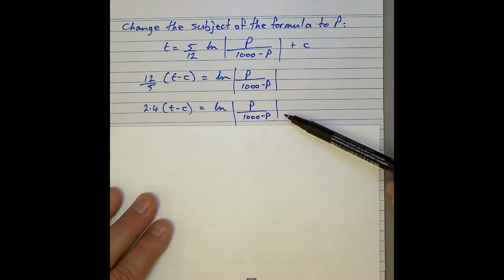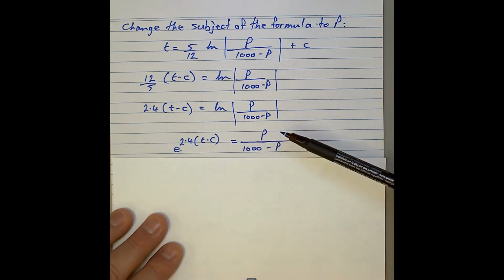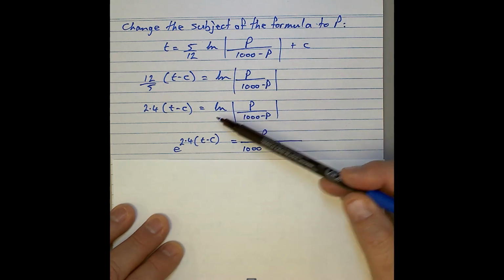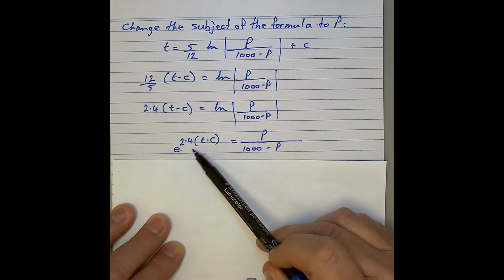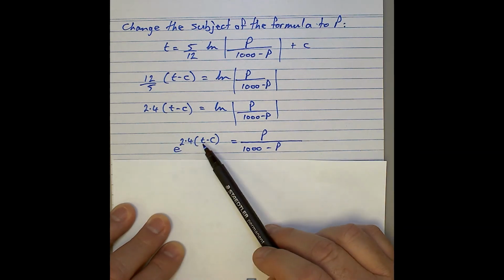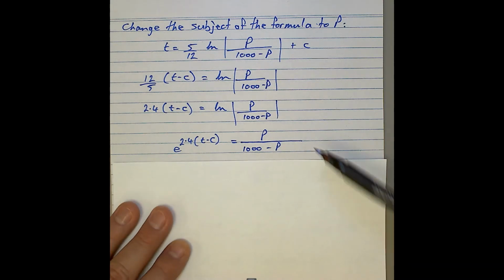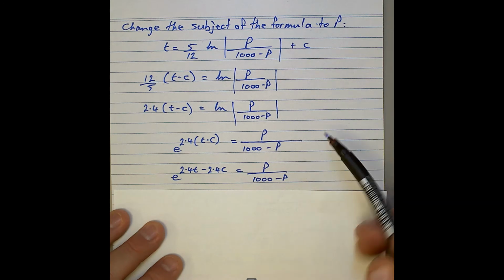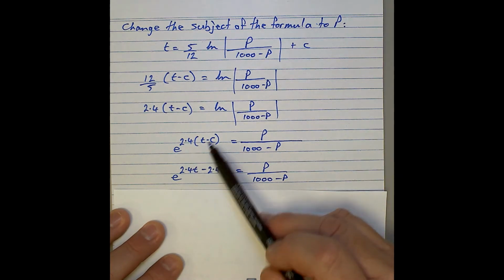And now, using our logarithm and exponential definition, we can rewrite this as e to this power: e to the power of 2.4 times (t minus C) equals this expression here. Therefore, when I expand out that bracket, e to the power of 2.4t minus 2.4C equals this expression.